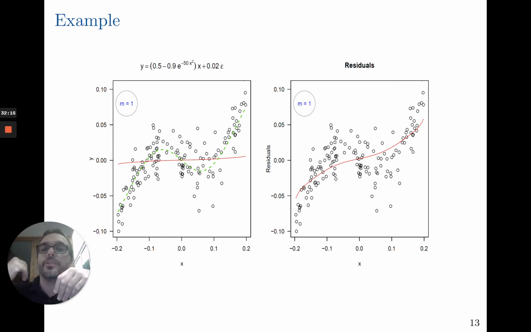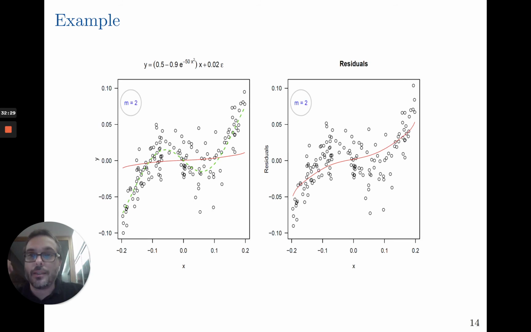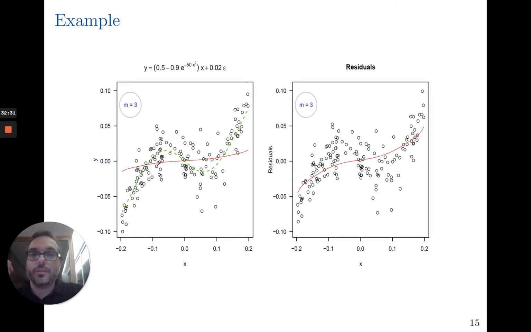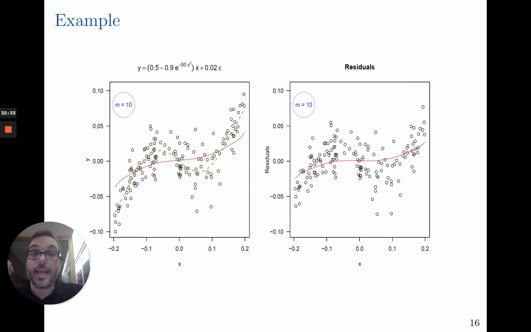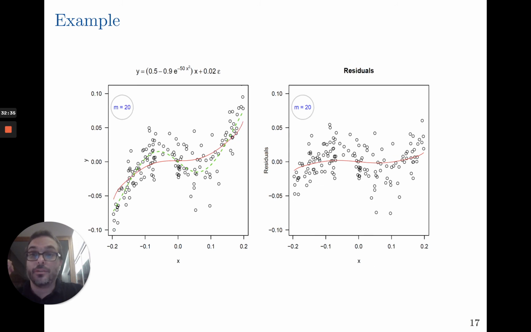We took the residuals from that, that's on your right, and then fit a second model, a second weak learner. That's the red line again, and we continue like this: iteration 2, iteration 3, iteration 10, iteration 20.